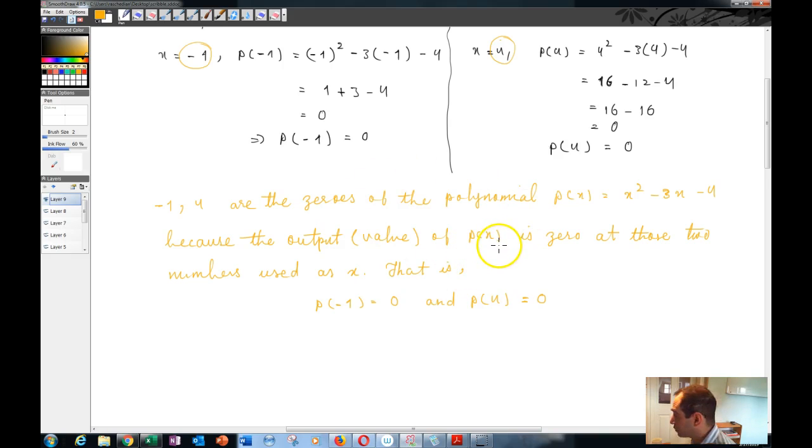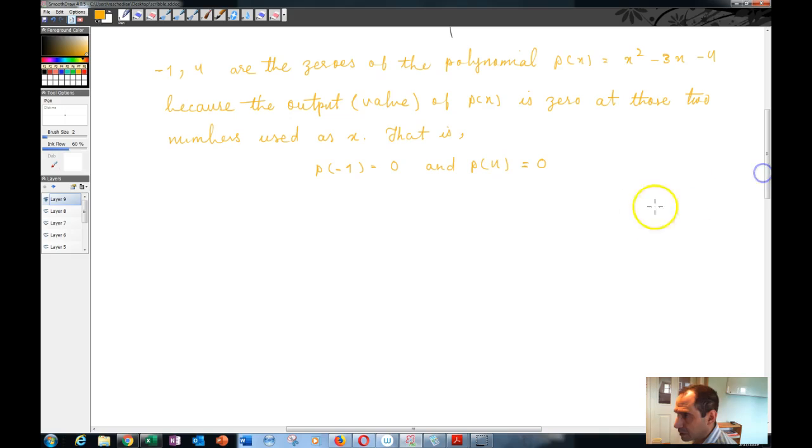Moreover, if you do the graph of this function, x squared minus 3x minus 4, this is going to be something called a parabola.